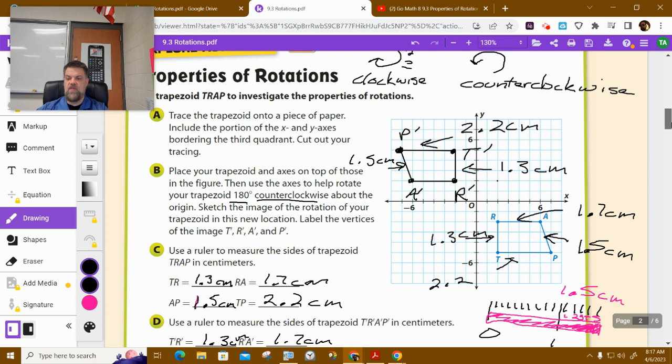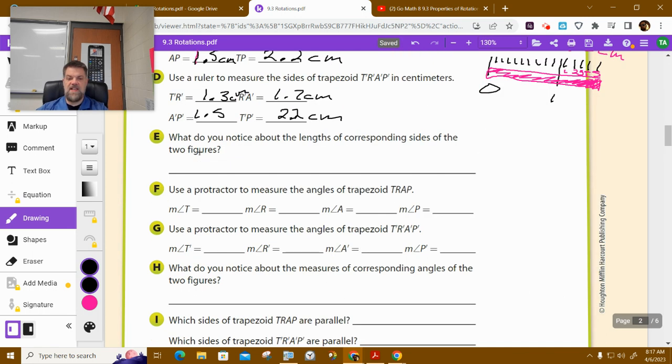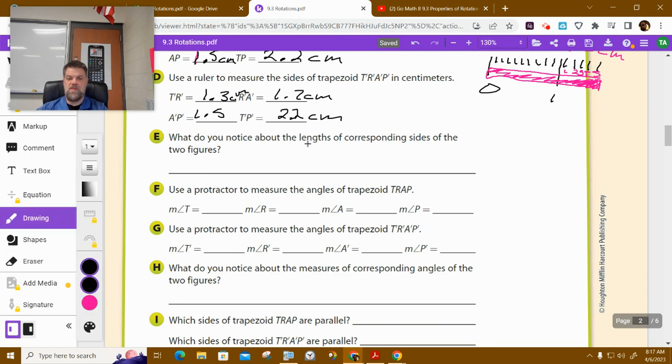And then from A prime to R prime, that's going to be 1.7. So what does that tell you about the side lengths? The corresponding side lengths are the same. So the question is, what do you notice about the lengths of the corresponding sides of the two figures?